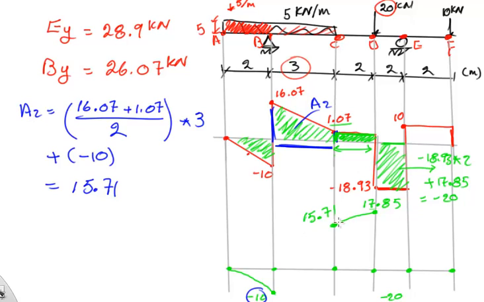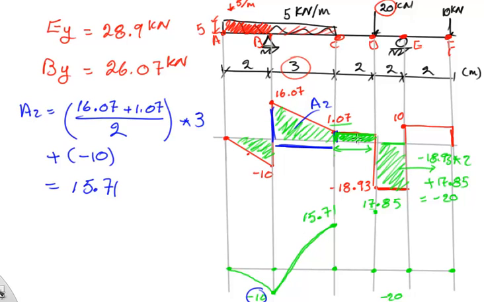So I'm having a curve that goes like this. The curve will go just here. Then, starting from this point all the way to the end, they are all straight lines. Why is that? Look at the shear diagram. The shear diagram is decreasing and increasing, so it's not a straight line.